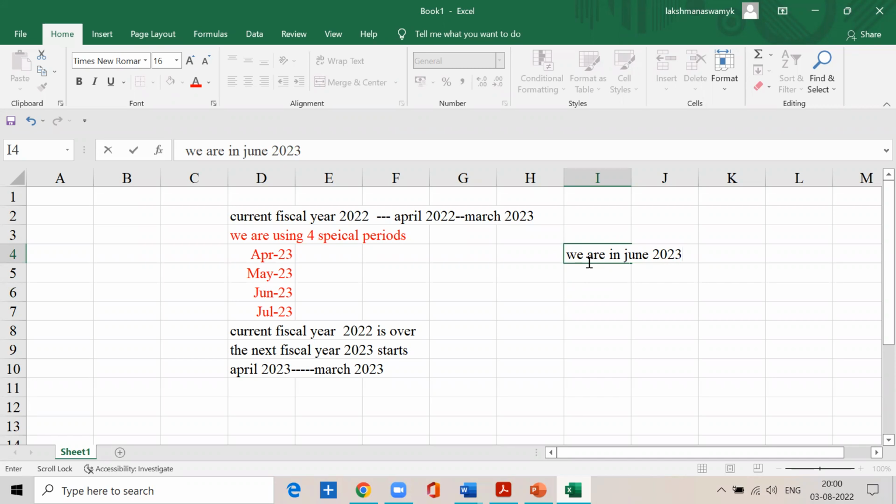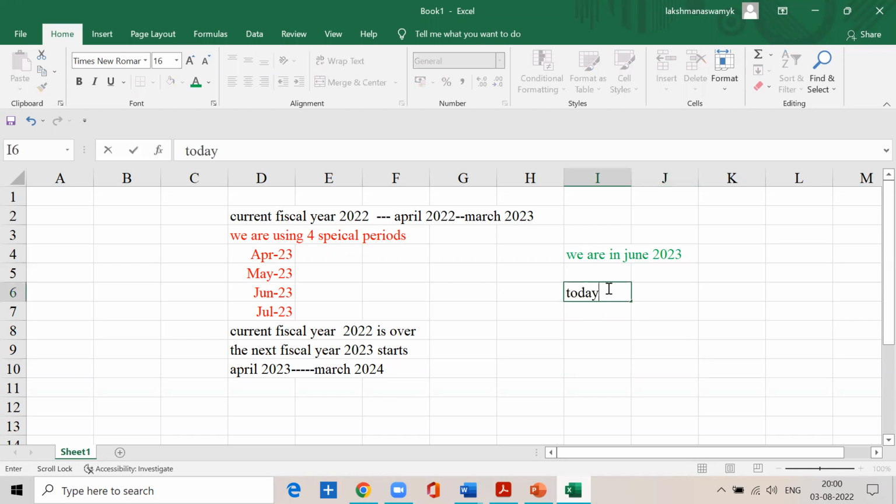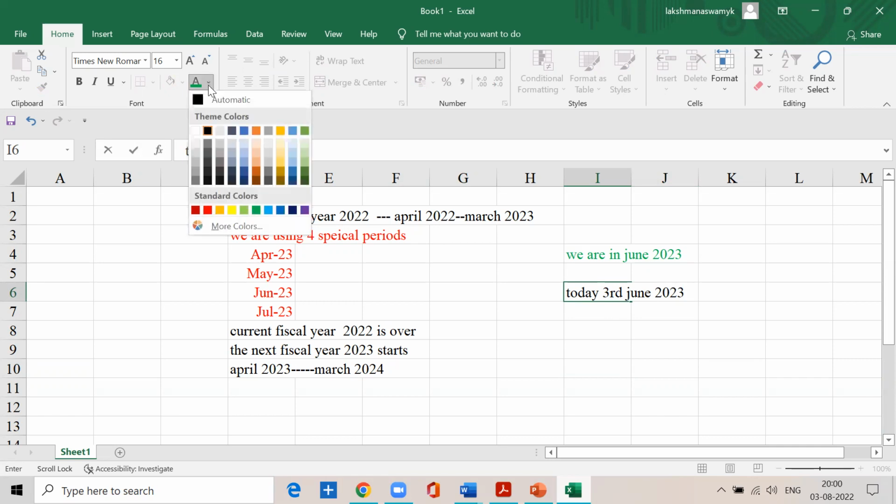Next fiscal year started, 2023 fiscal year means April 2023 to March 2024. Now we are in June 2023. Now, today, let us assume, 3rd June 2023. Today is 3rd June 2023.